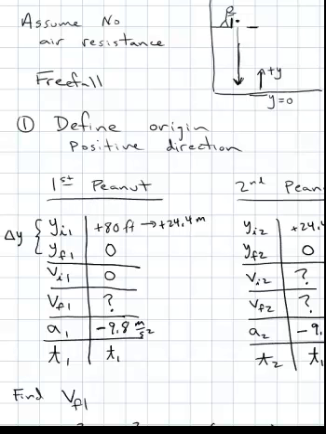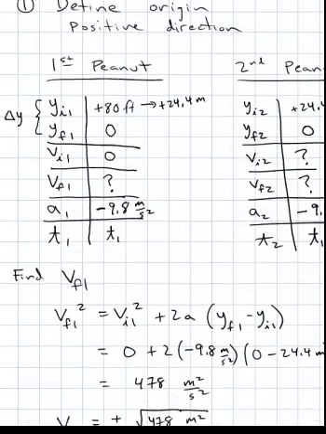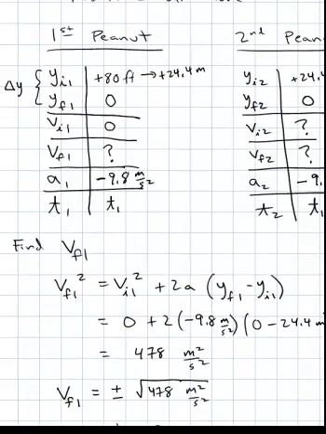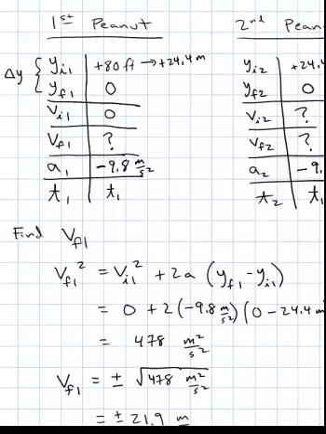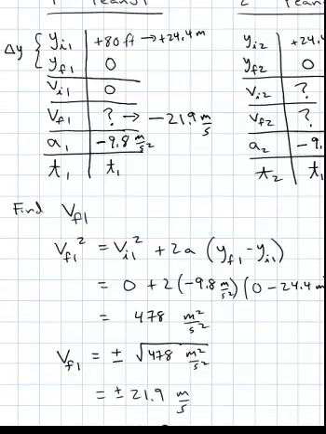We chose up as our positive direction, so the velocity better be negative for peanut 1. And I'm going to just go back up here and put that in. So what we got here is a negative 21.9 meters per second. And then we can solve for the time.